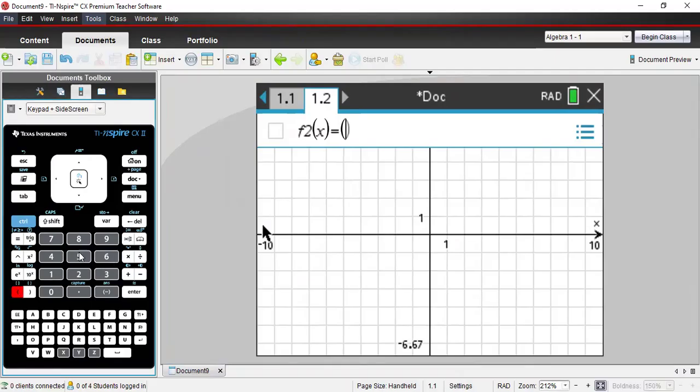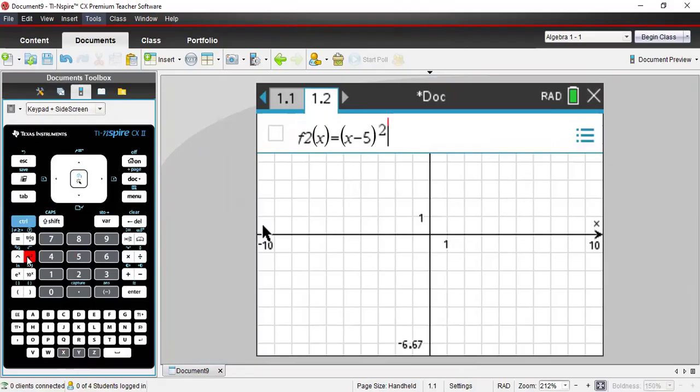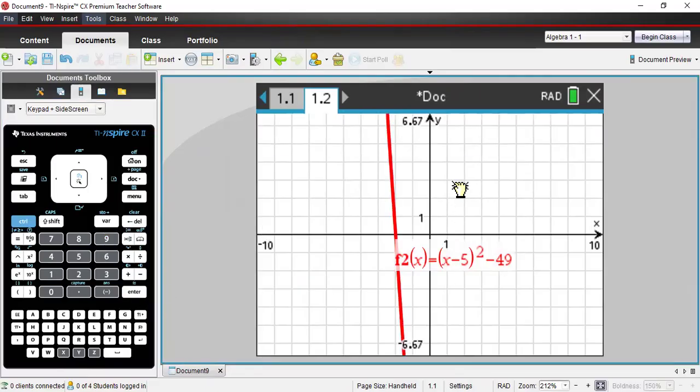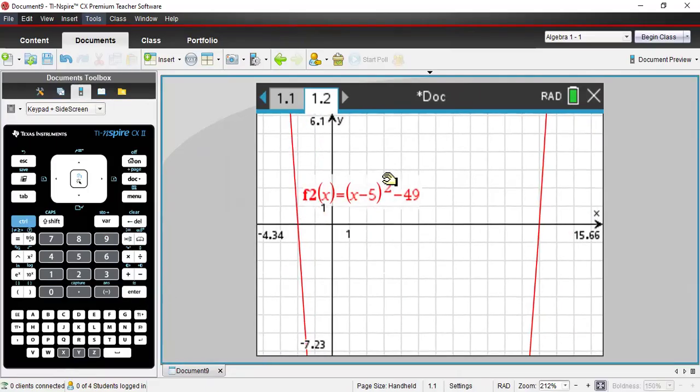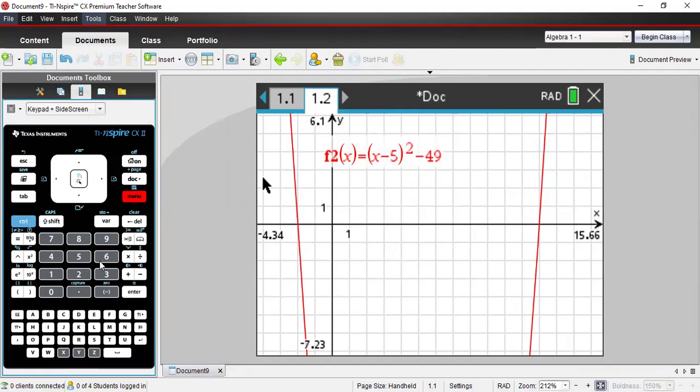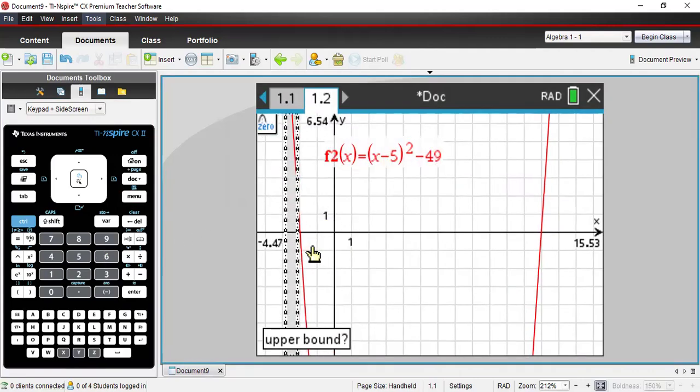So I'm going to do x minus 5, x minus 5 squared minus 49. So I'm going to do minus 49, press enter. And just like before, we got to move the graph paper over, and then I'm just going to do menu 61 again. Menu 61. There we go.